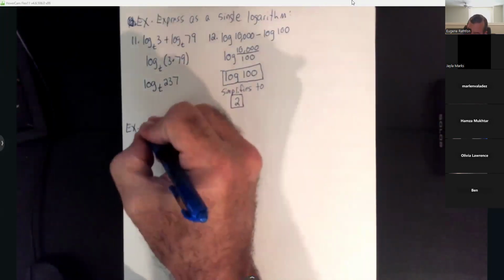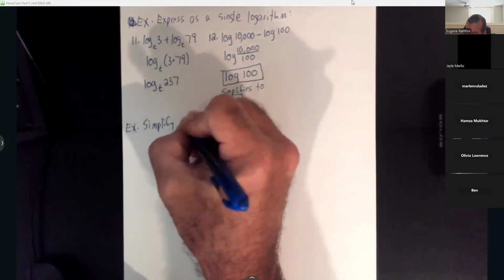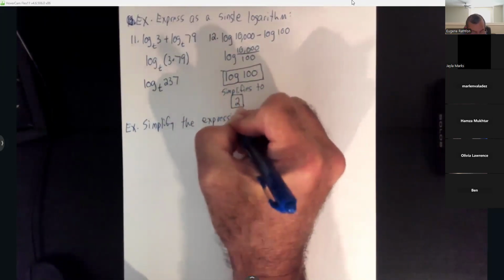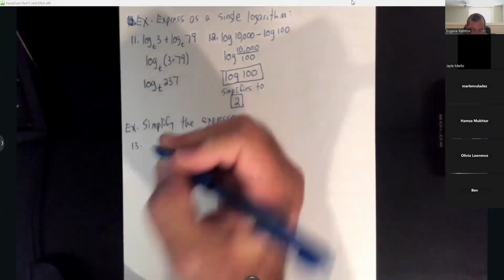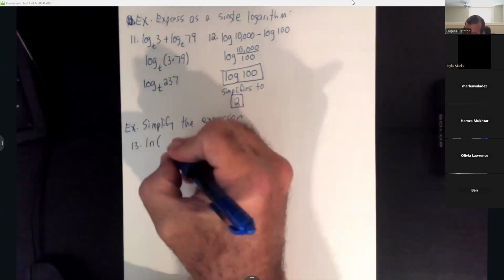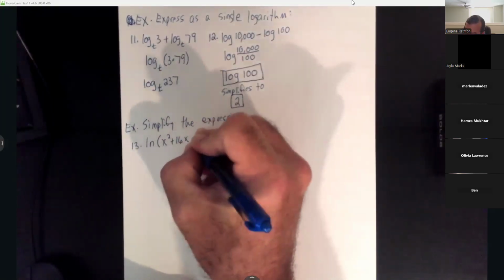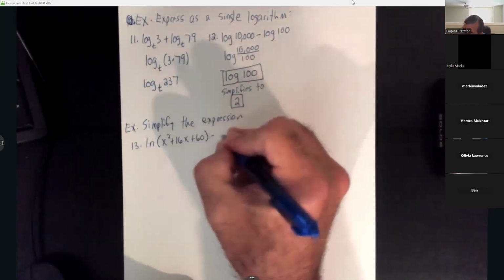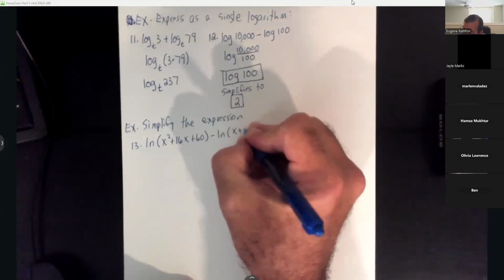All right, y'all, next they say simplify the expression. All right, so 13 has the ln of x squared plus 16x plus 60 minus the ln of x plus 10.